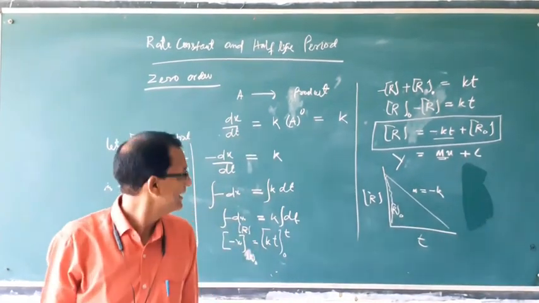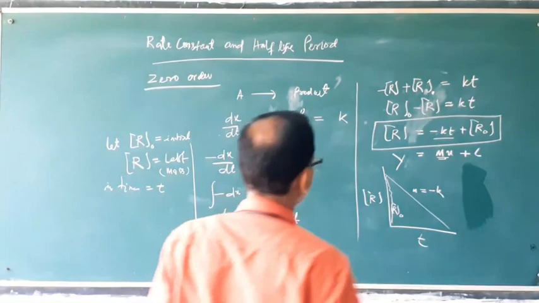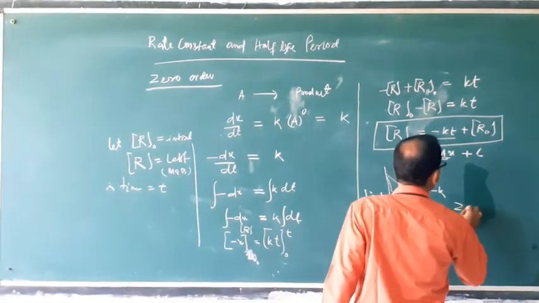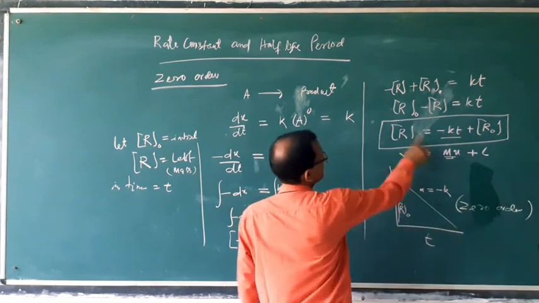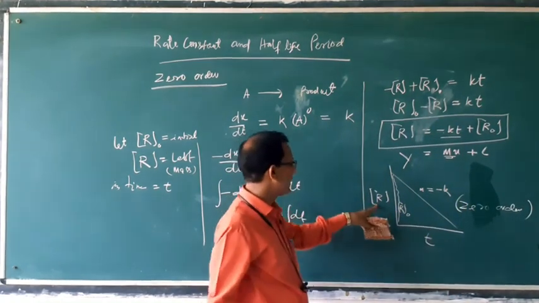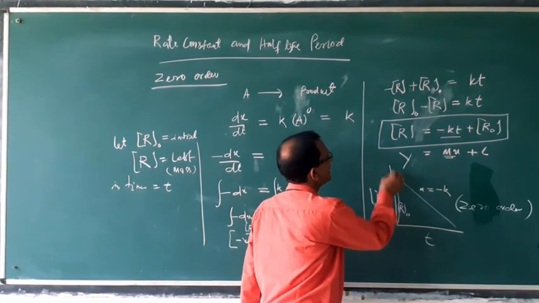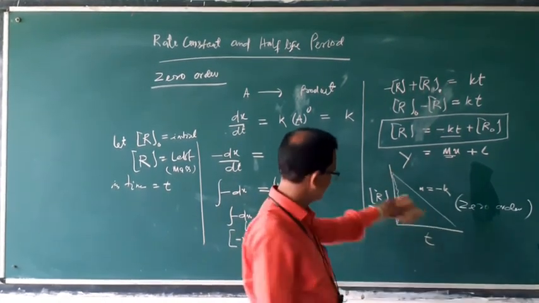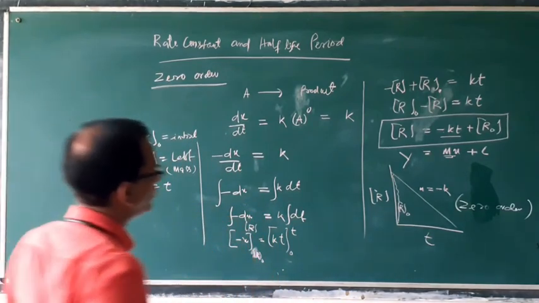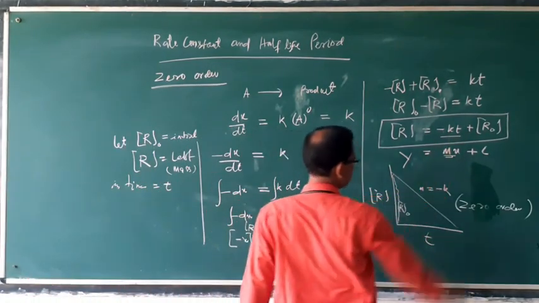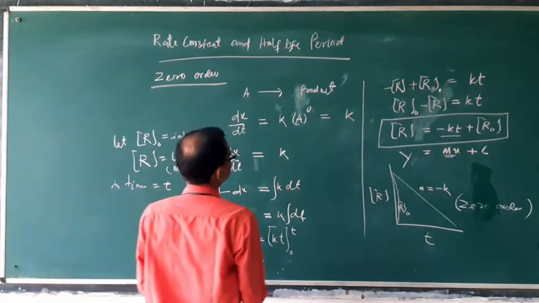So this graph indicates zero order. Y is mx plus c, R is the amount left, t is the time, R0 is the initial amount, and the slope of the graph is negative, so slope is minus k. This is for zero order.